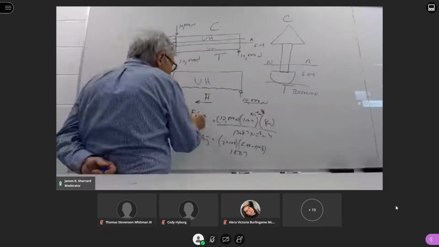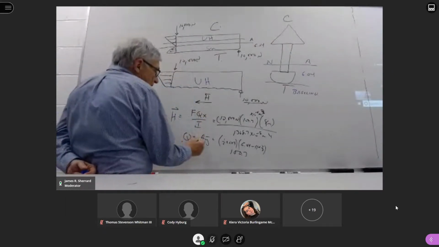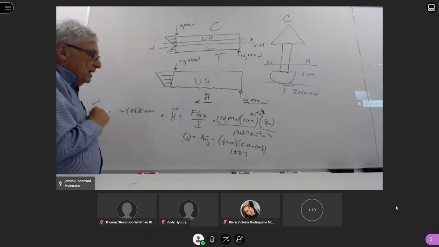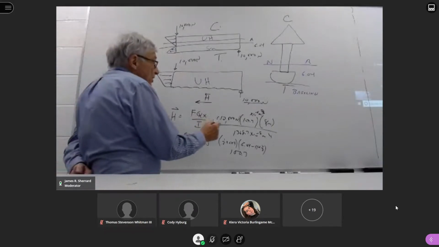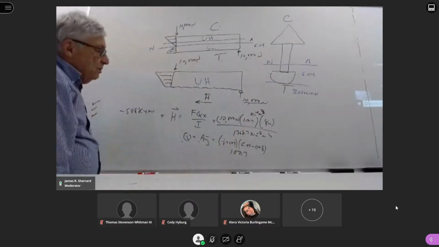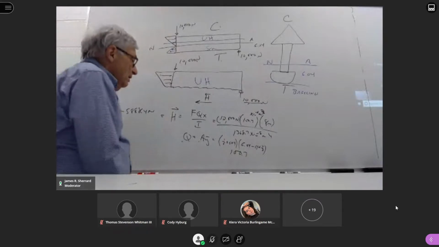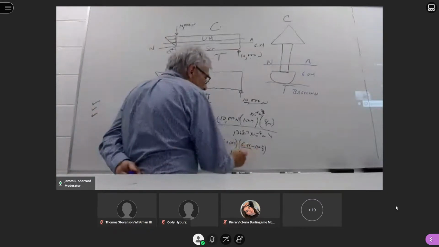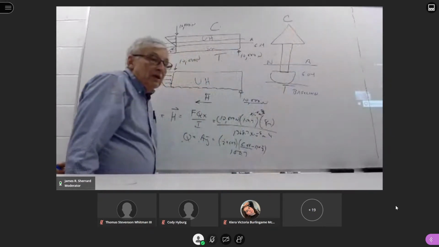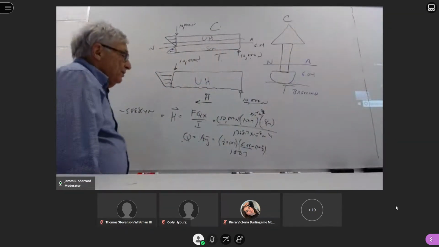So we needed to find out what Q was. Q is area times the height from the neutral axis to that centroid. The area of the triangle was 1/2 the height times the base, which is 6 times 4. Y is the distance from the neutral axis, which is 6.04, to the centroid of that shape.